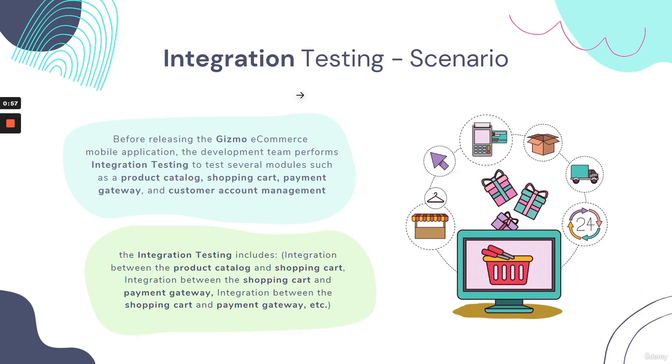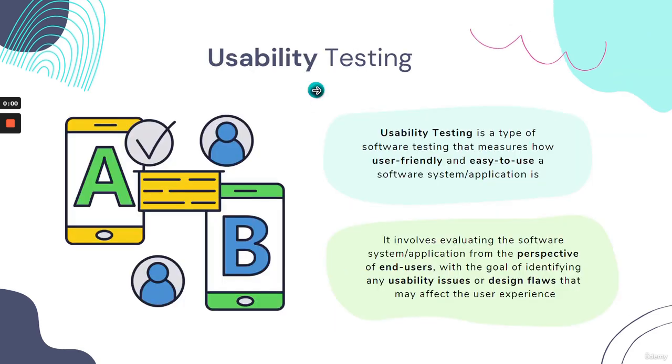The integration testing would involve integration between the product catalog and shopping cart, integration between shopping cart and payment gateway, integration between the shopping cart and other systems or subsystems, such as the delivery system. Basically, you have several different systems and subsystems that work together or are integrated to work seamlessly for the application to function as a whole.